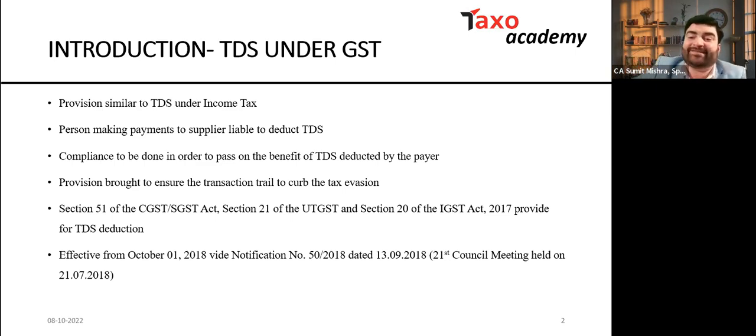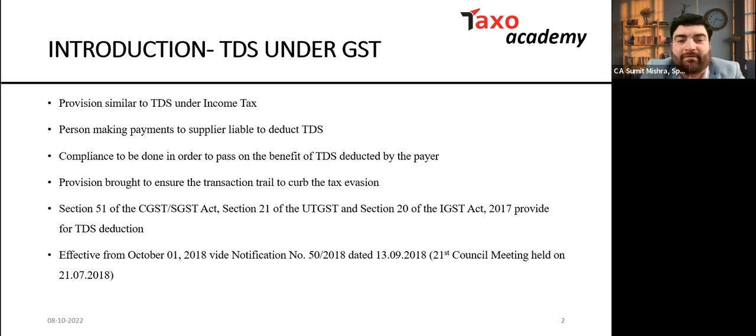In the case of TDS, before paying me, the recipient will deduct tax at their level and directly deposit it to the government. In turn, I will get the benefit of the tax deposited by the recipient. The provisions are very similar to the TDS concept in income tax.